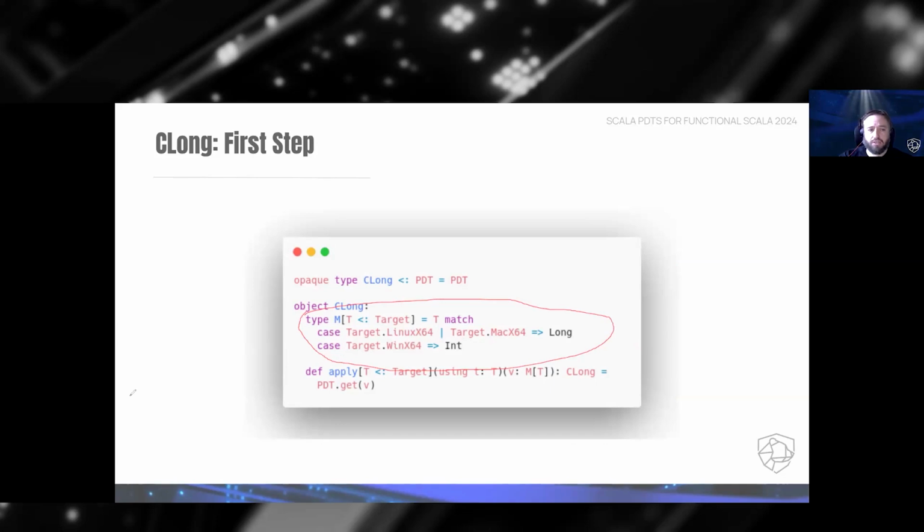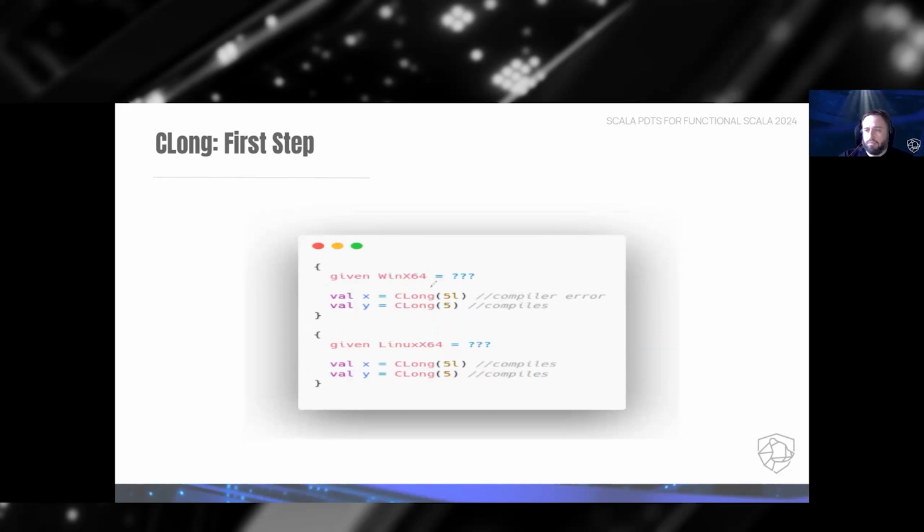And finally, we have the constructor here that uses pdt.get, and it's able to work here because the type CLong is equivalent to the type PDT within this file. Otherwise, elsewhere, you could not use this pdt.get method because of the requirement of having the equality between this type and this type.